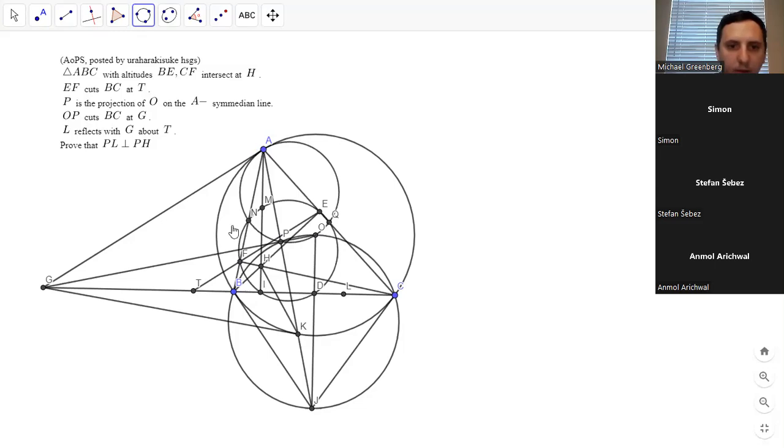And these circles are tangent, this circle and this circle. But how do we get, we want to show GPT is similar to AHK. Are there any kind of ratios? With GT, that's the hard part, getting GT.